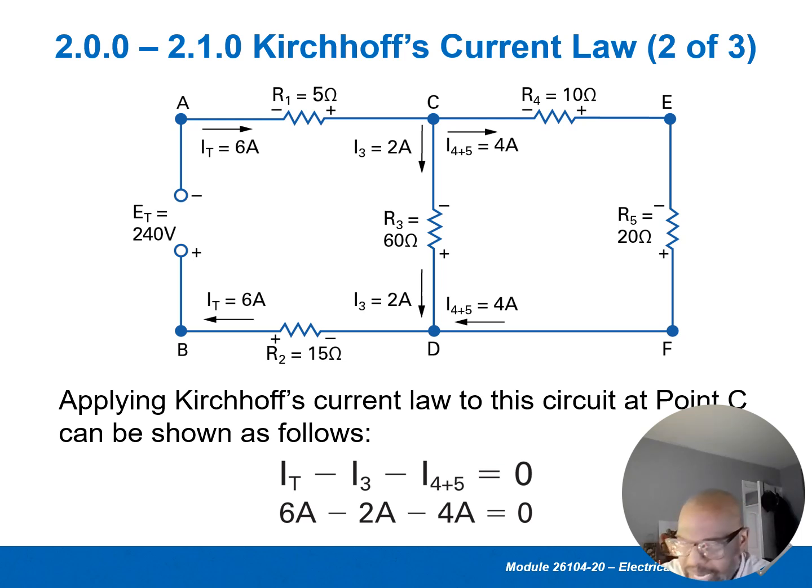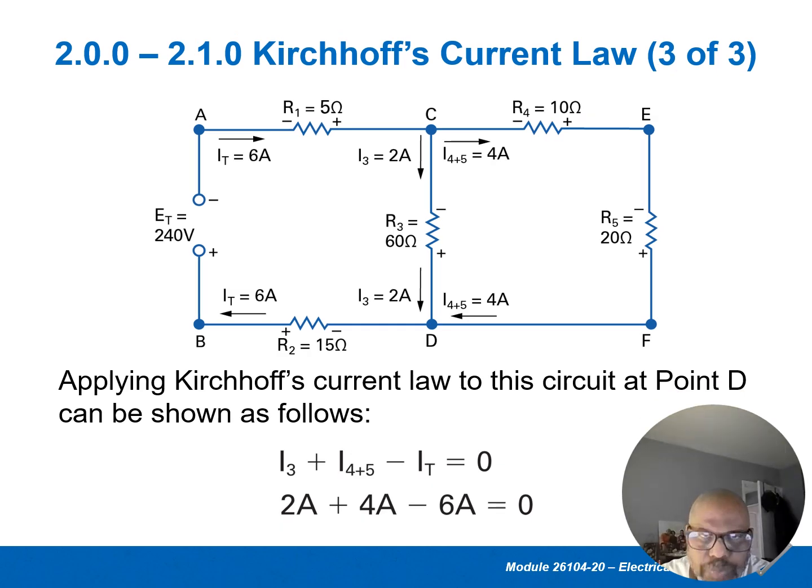So as we go through this circuit, just looking at current, we can add them up and subtract the total from what each branch has, and it will equal 0. We take these resistances, and this is the total. If we subtract all of them from the total, it will always equal 0.